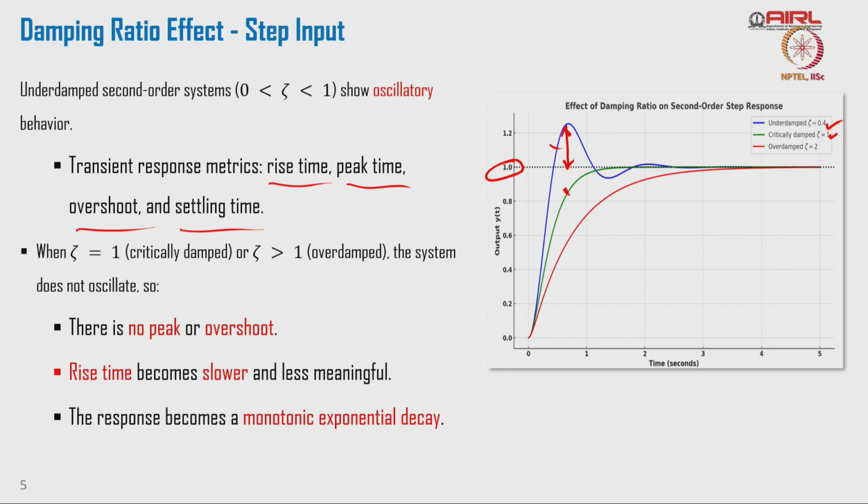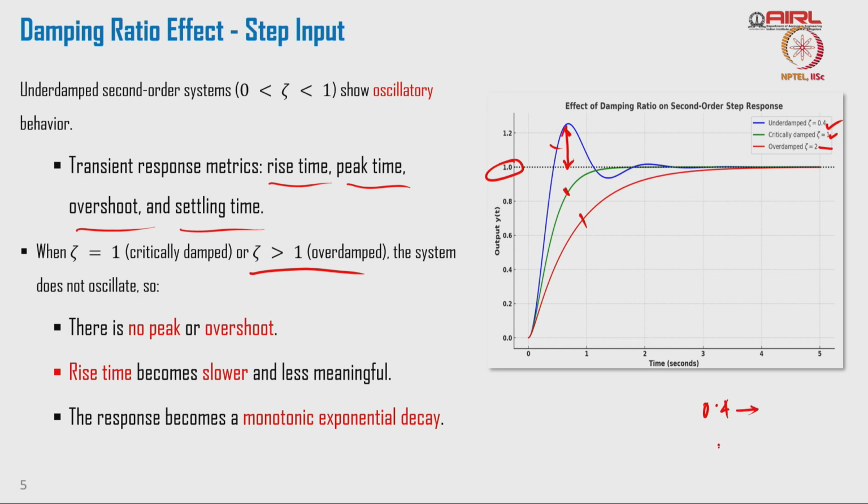So when zeta is greater than 1, the system also does not oscillate, and we say that this system is an overdamped system. So we are checking three different values of zeta. One is 0.4, which is the underdamped scenario.